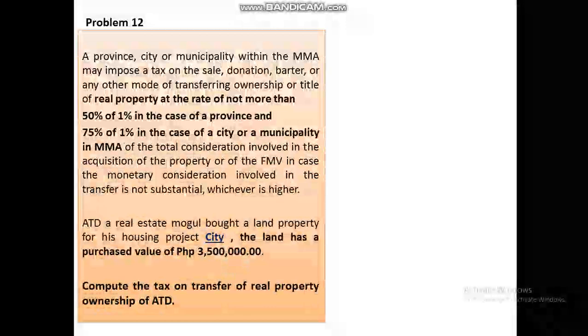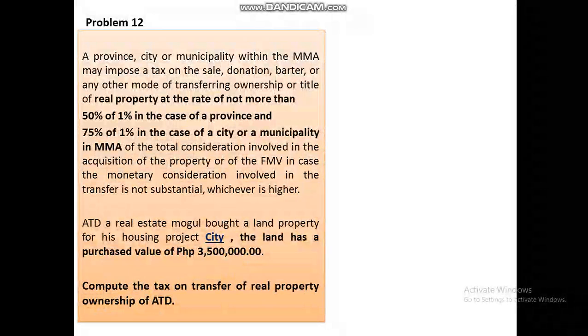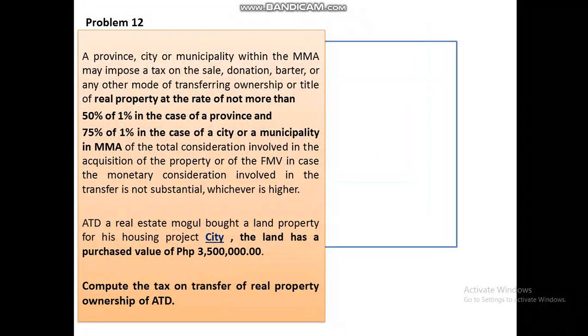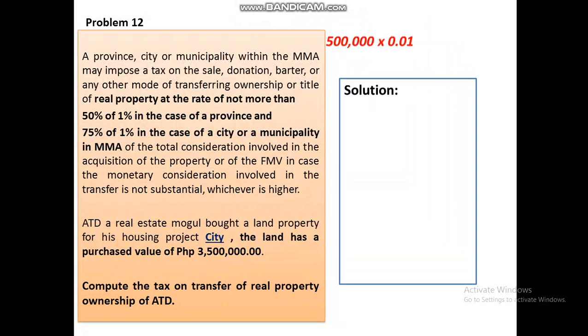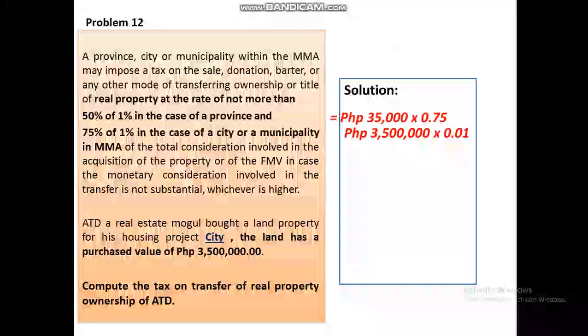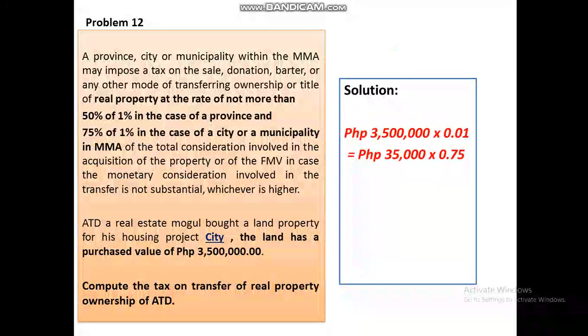So, ano yung computation natin? 75% of 1% of the value. Whatever the presented value, since 3,500,000, so ito yung kukumpitan natin. 3,500,000 times 0.01 is equivalent to 35,000 times 75% since sa city po nangyari ang tax on real property ownership transfer. So, the babayaran po natin is 26,250.